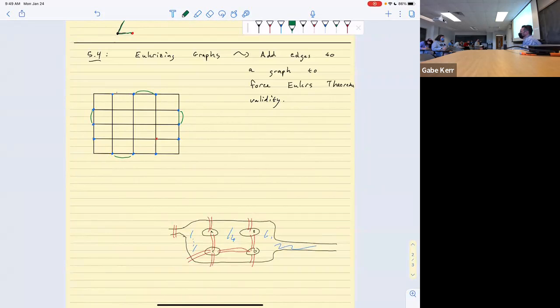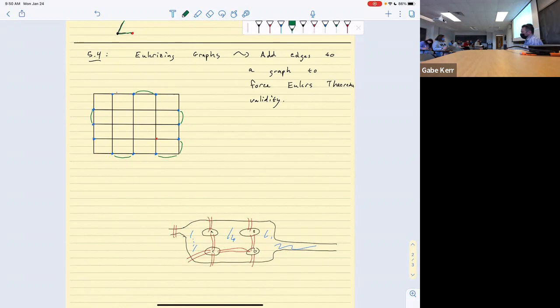And there are no edges. I'm not a security guard that goes through people's backyards, right? That's bad security guarding. They taught me that. So what I'm going to do is take a path. I'm going to add an edge here and an edge here.